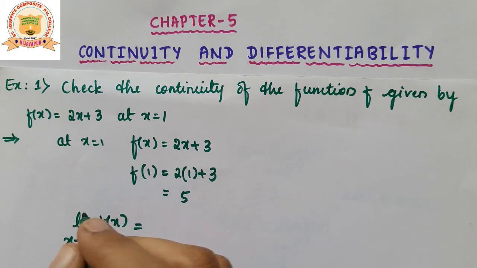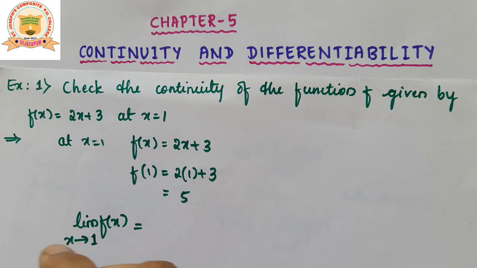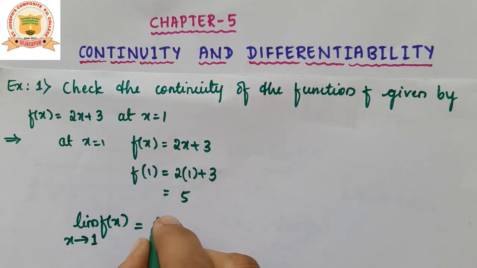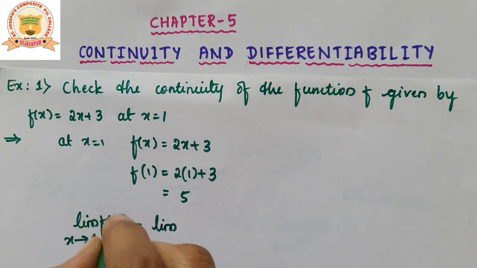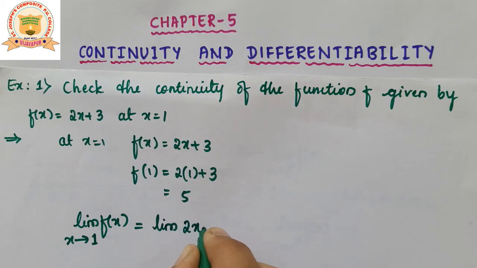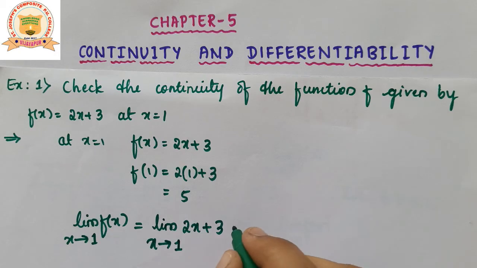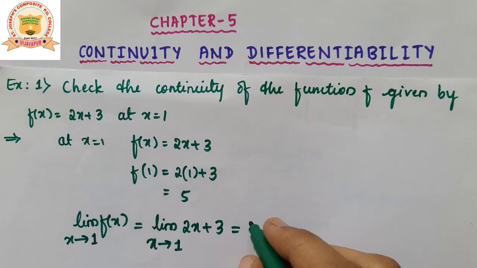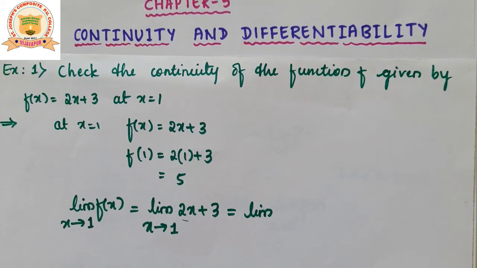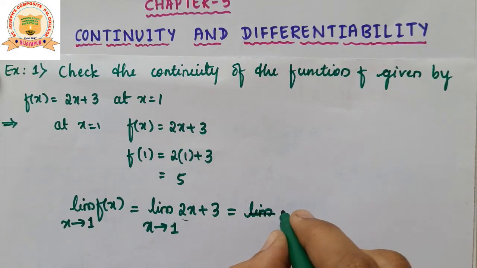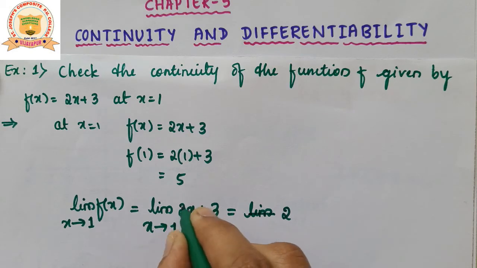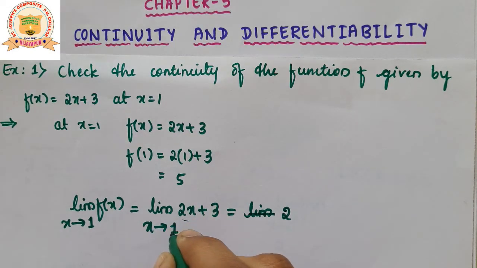Combinedly we will find the limit of f of x as x tends to 1. Limit of f of x, where f of x is 2x plus 3, as x converges to 1. In place of x, the x value converges to 1, which means the x value is very close to 1.